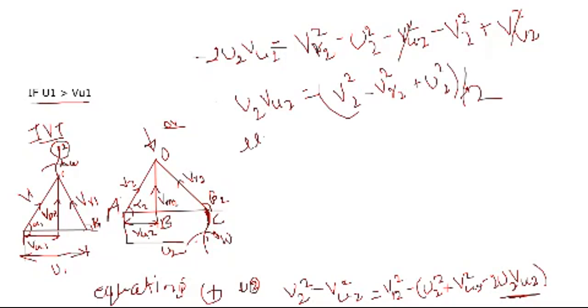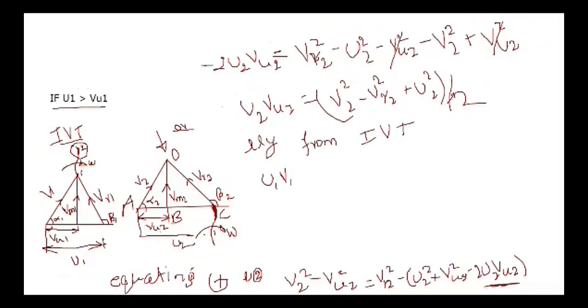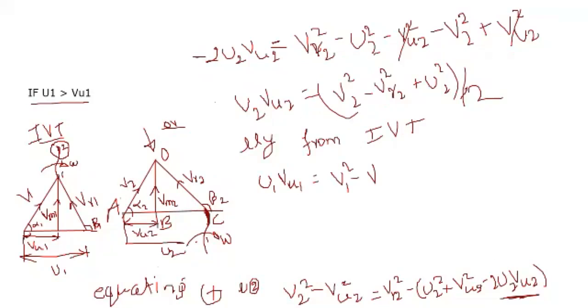Similarly, from the inlet velocity triangle, you can write U1 Vu1 is equal to V1 square minus Vr1 square plus U1 square, divided by 2.